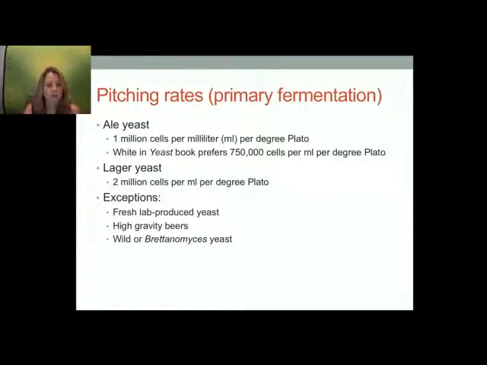A fresh batch of yeast produced by a high-quality lab will need less than this recommended pitch rate because the yeast is in its optimal health state. High-gravity beers will need a higher pitch rate than what is given here. And if you're brewing with wild yeast or Brettanomyces, the pitch rates will depend on the strain and the characteristics of the flavor that you want in the finished beer.